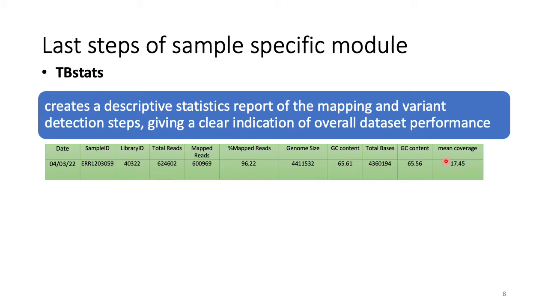So you cannot use it for further analysis, and also the variants that have been found in this sample may not be reliable. So the recommendation is to repeat the sequencing of this sample. With TBstats, you can have this information to decide on the future work that you should do for this specific sample.